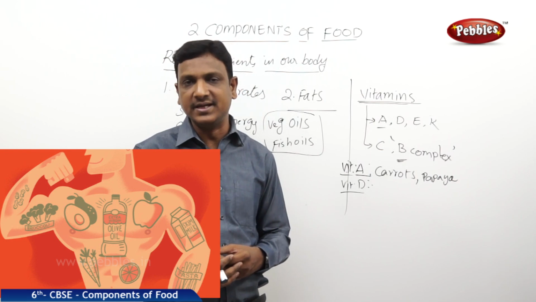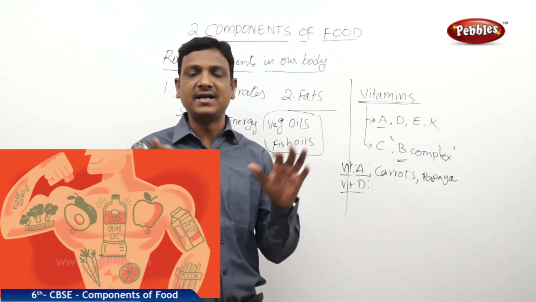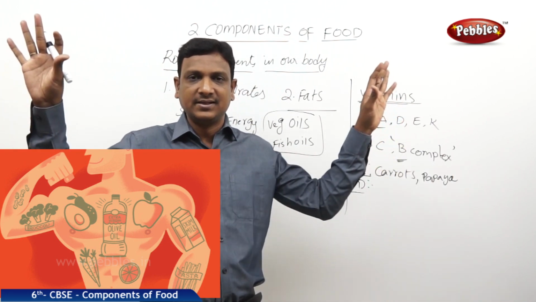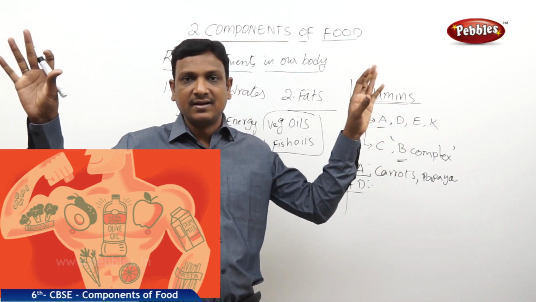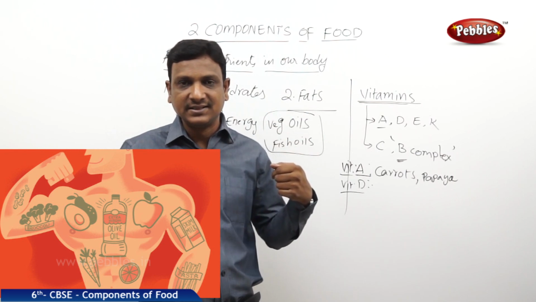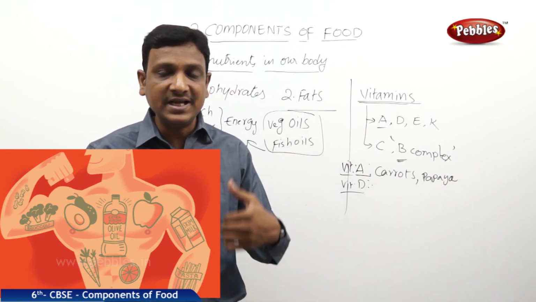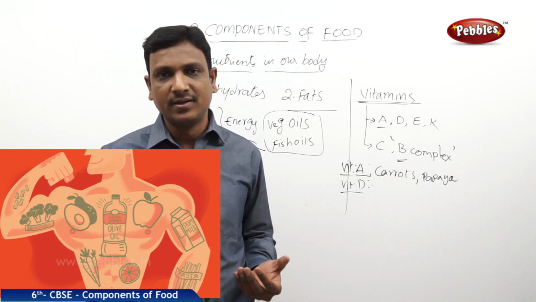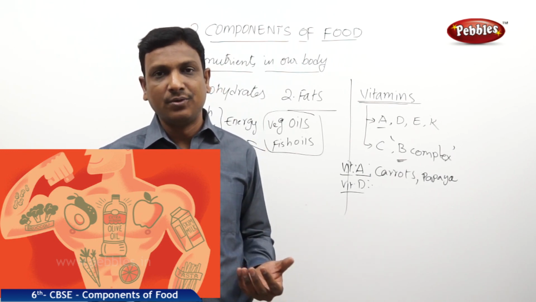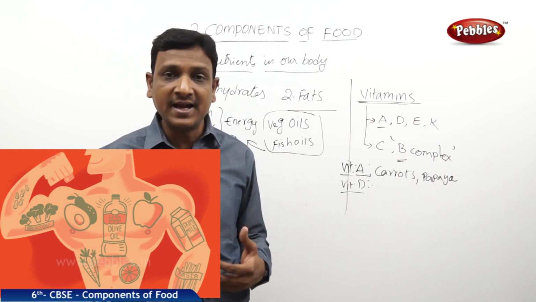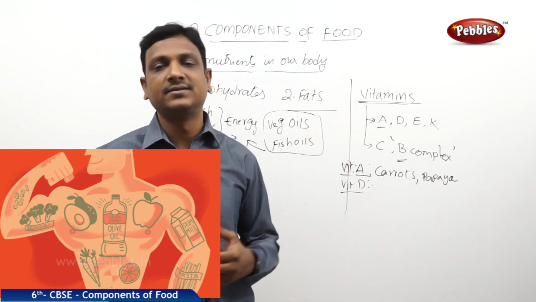Then how do you get vitamin D? You get this vitamin D by standing in sunlight. You expose your body to sunlight, then the sunlight turns some component found in your skin into vitamin D. Vitamin D is prepared in your body itself when you are exposed to sunlight.